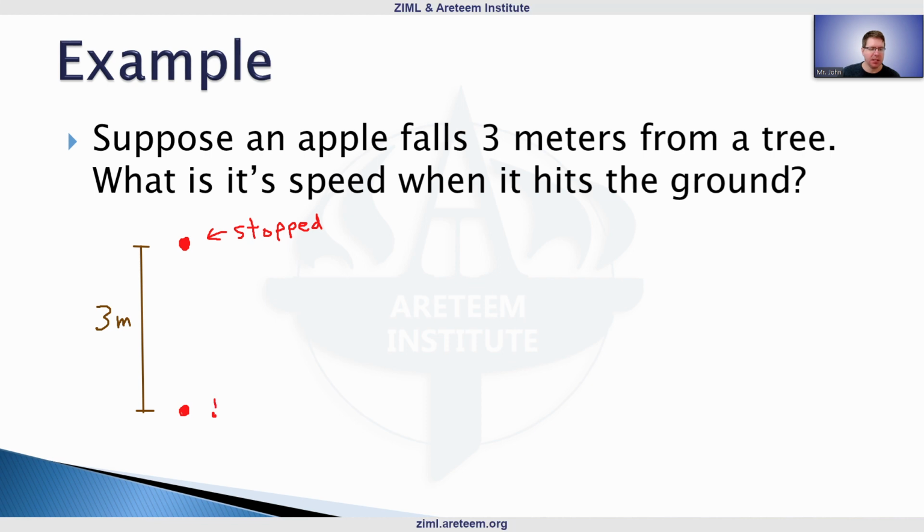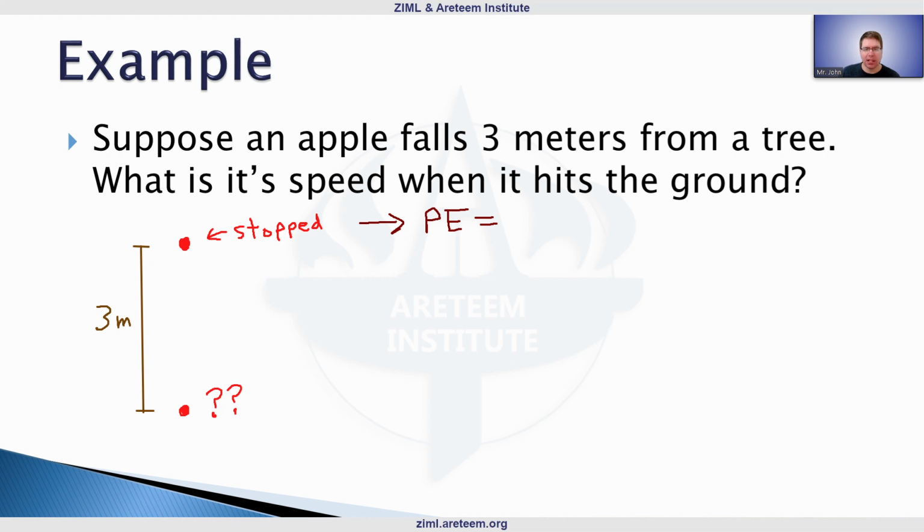So our question here is, what is the speed of this apple as it reaches the bottom, as it hits the ground? This is just our initial version of this. I'll let you think about other complications you might have here. At the top, what can we say about the potential energy of this apple?